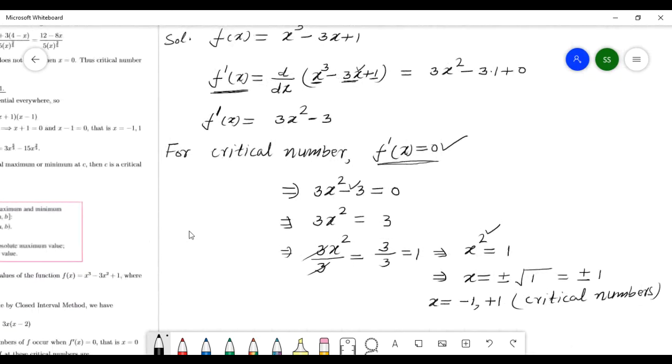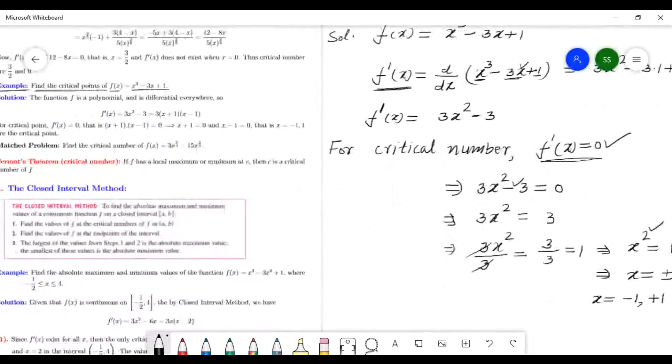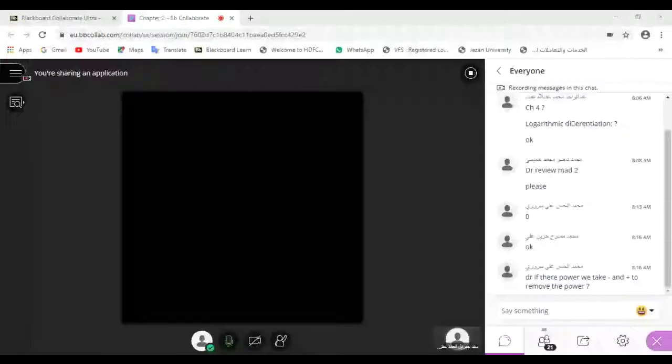Now come here. Any question here? If the power we take minus n plus 2, remove the power. Yes, like that.